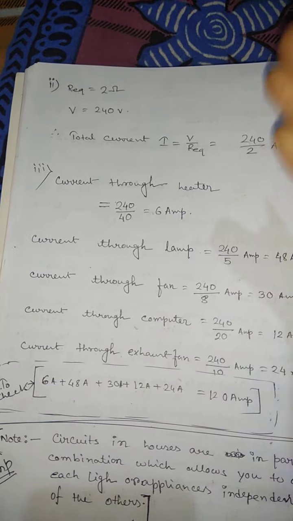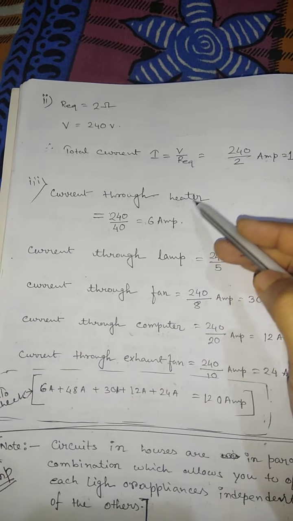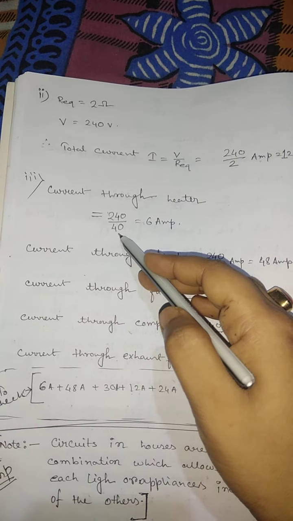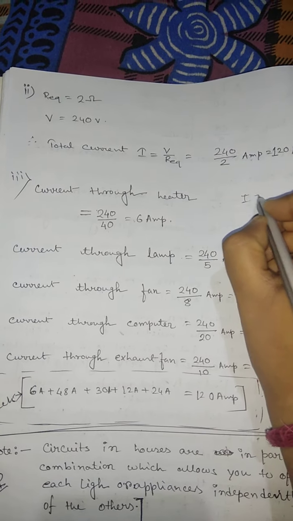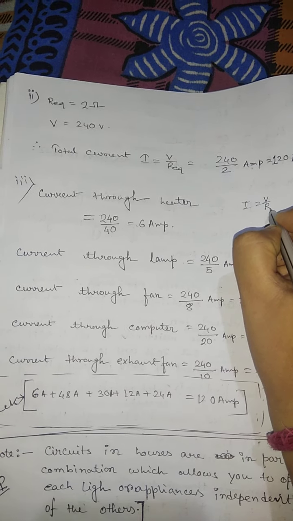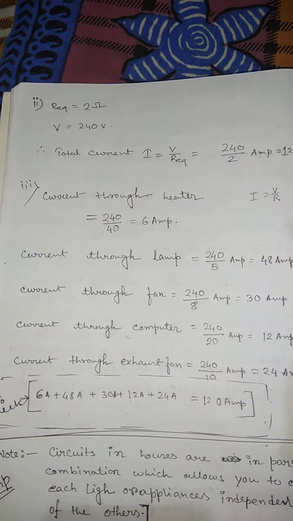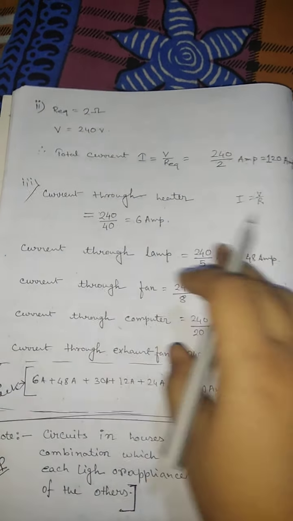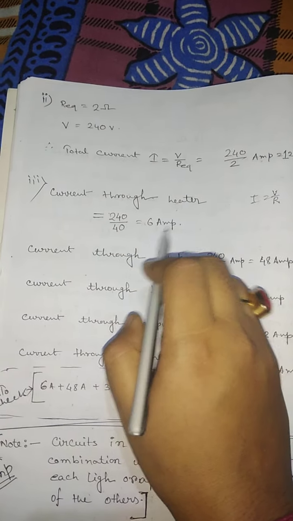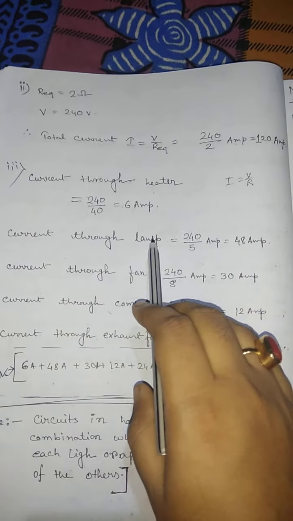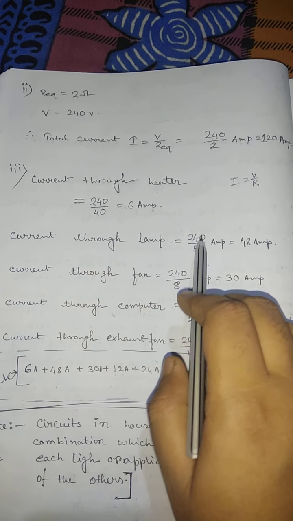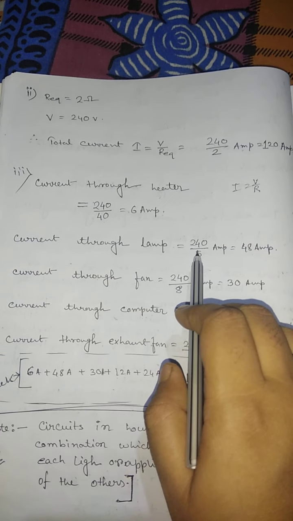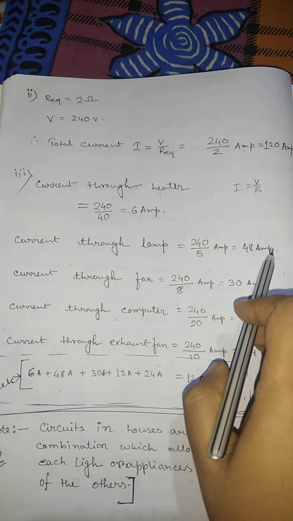Now the current through each appliance. Through the heater, I equals V by R. V equals 240, R is the resistance of the heater, which is given as 40, so we have 6 ampere. Current through the lamp is the same, V by R, the resistance of the lamp is 5, so we have 48 ampere.